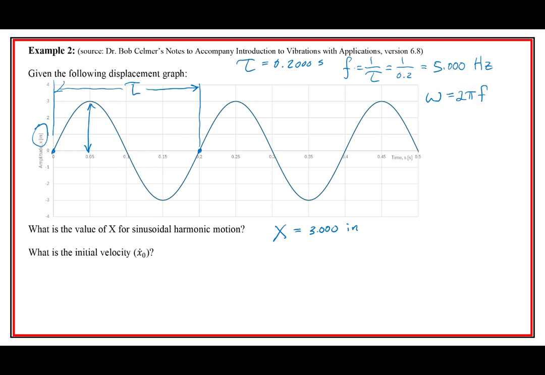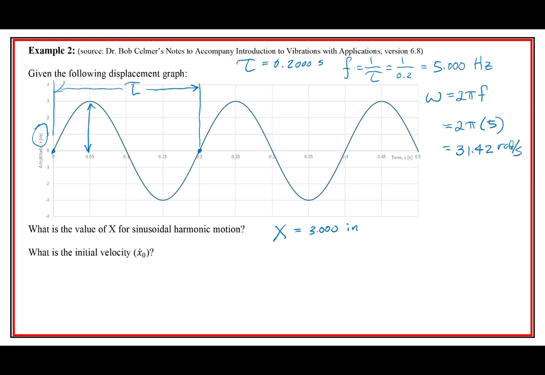We got to use this circular frequency because we're using sines and cosines, and they need some radians inside them, otherwise they won't work. So if we put those into there, 2 pi times 5, we'll end up with 31.42. And these are radians per second.